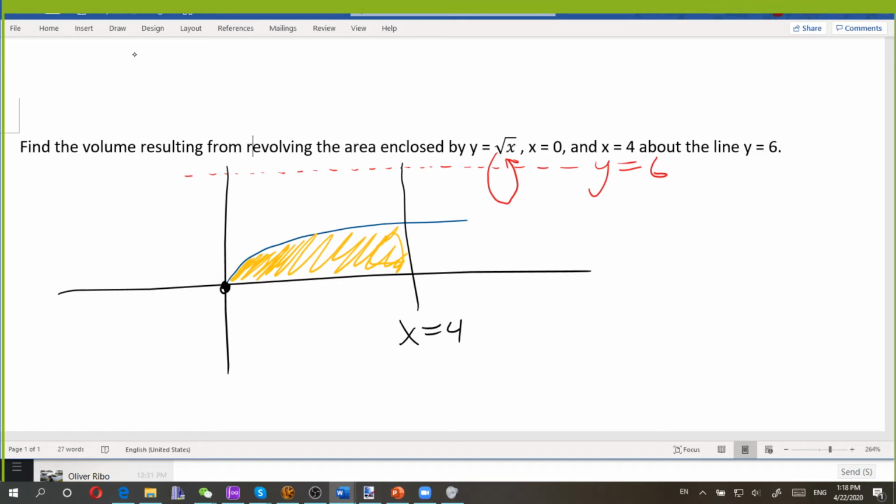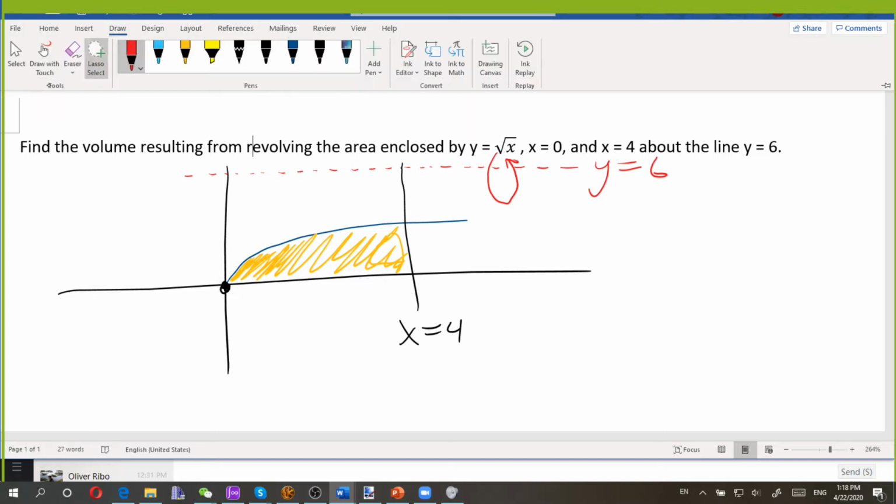Okay, so to do that, I need two things. I need an R1 and an R2. So I'm going to pick a point somewhere in the middle here. I'm going to say here-ish. And we'll get our two radii.